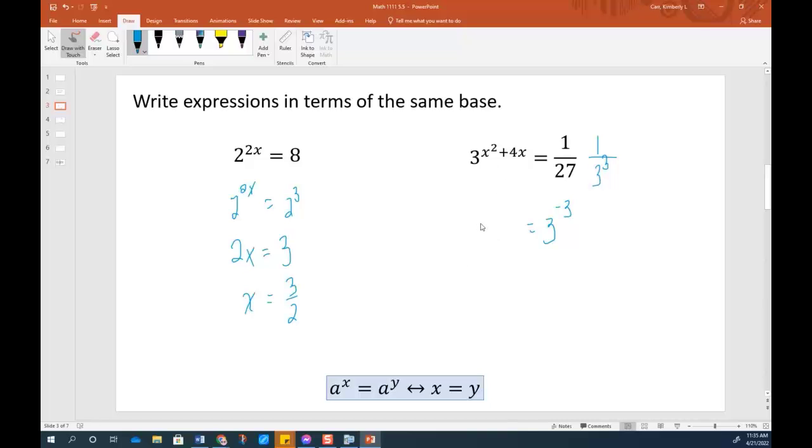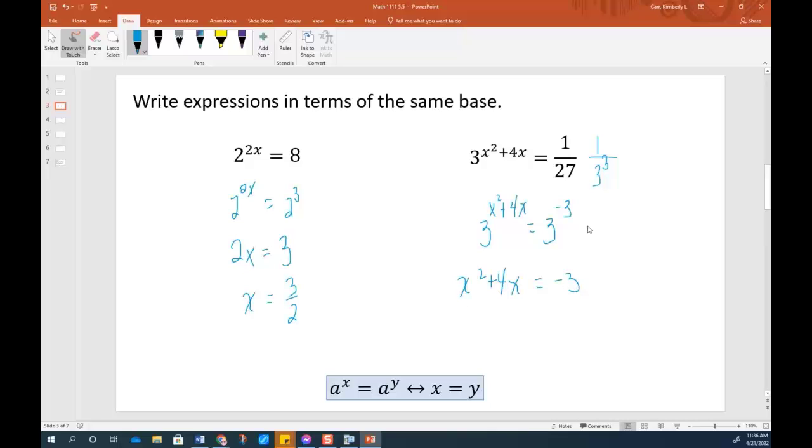It's just a notation. So 3 to the x squared plus 4x is equal to 3 to the negative 3. Now that I have the same base, I know those exponents must be equal. So x squared plus 4x has to equal negative 3.